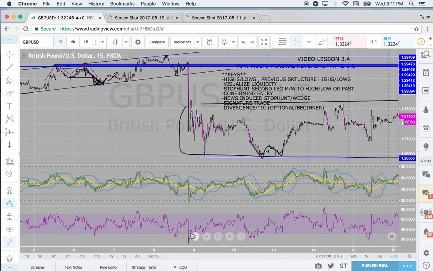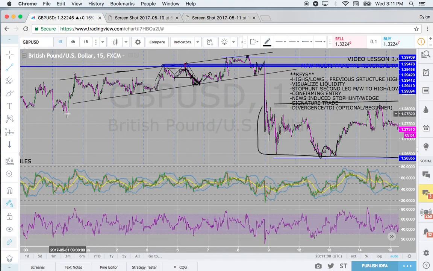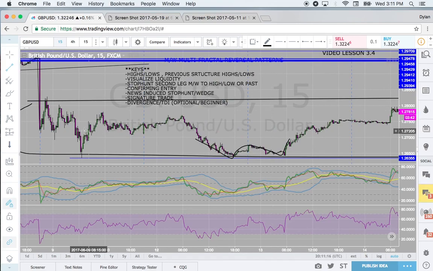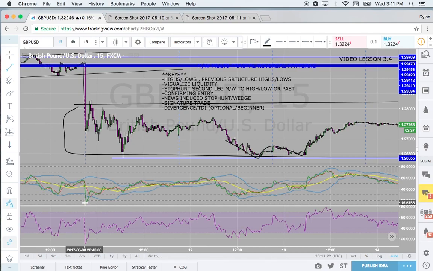So what is divergence? What would we be looking for? Divergence is price saying one thing and the indicator saying another. For example, price here created this low, and we can see price is downtrending after creating that low, but on the TDI, it is uptrending.